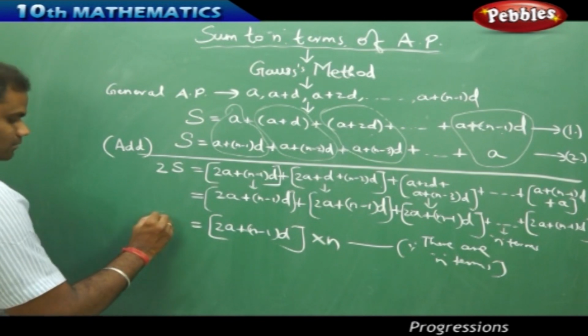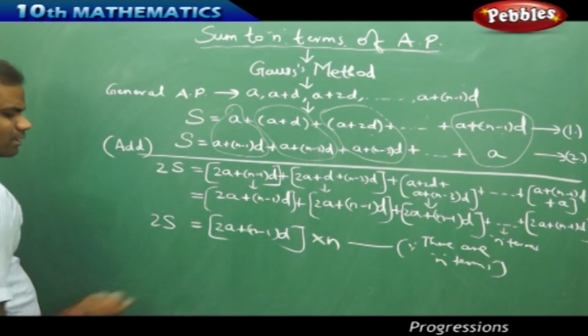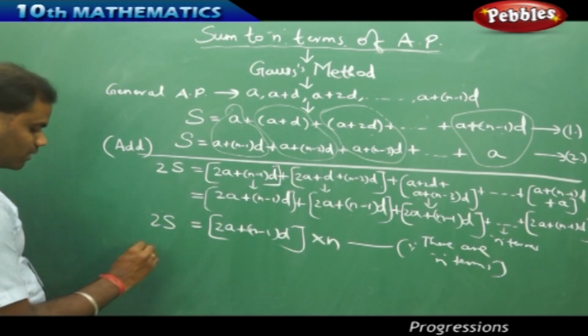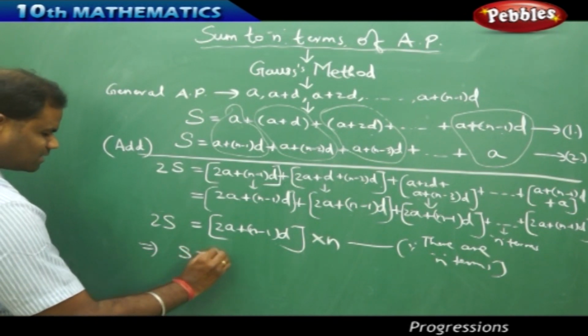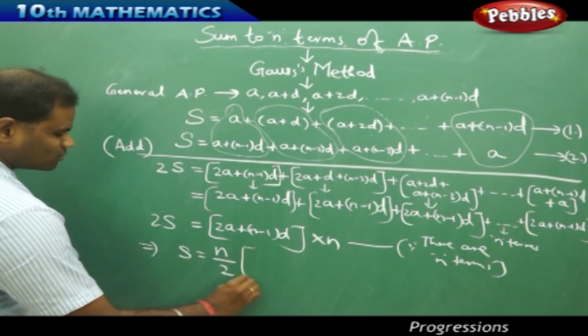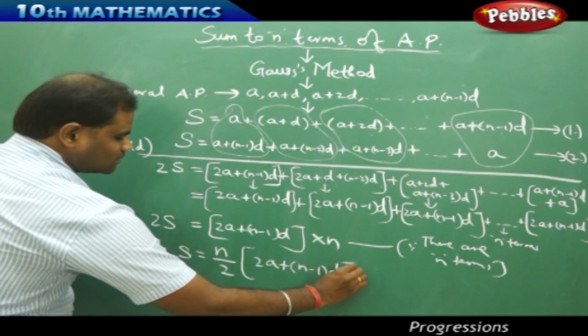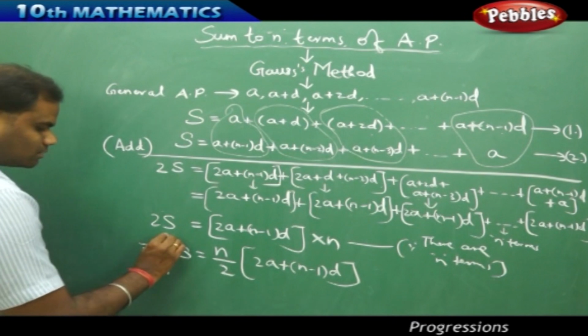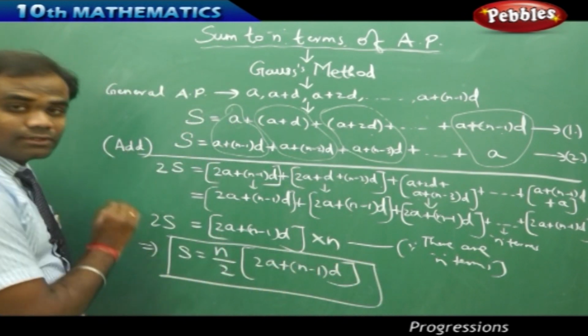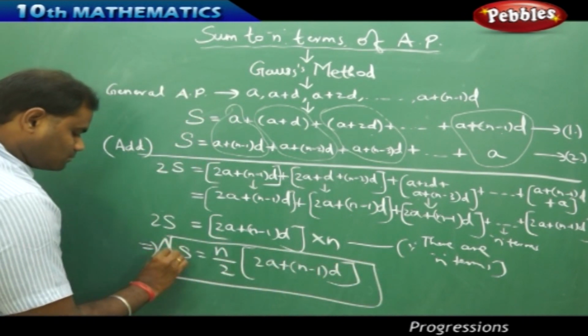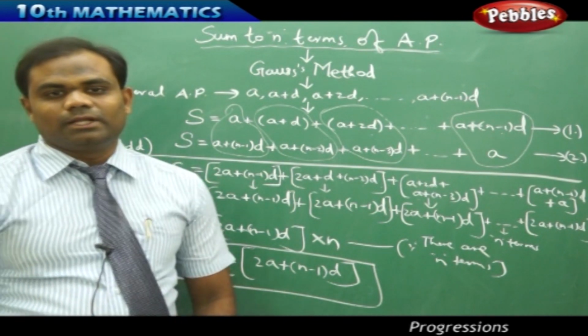Therefore, 2s is n times 2a plus n minus 1 into d, so that s, when arranged, is n by 2 into 2a plus n minus 1 times d, which is called the sum to n terms of the arithmetic sequence given by the formula.